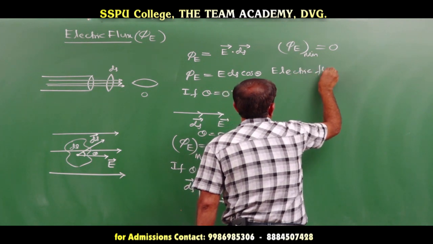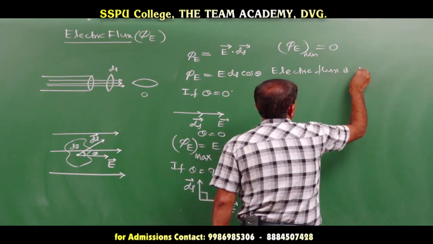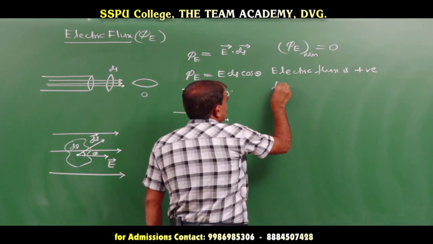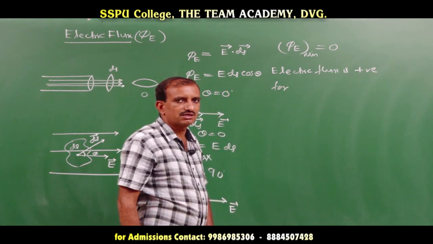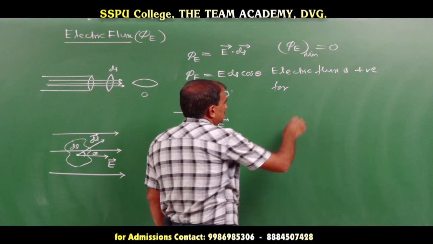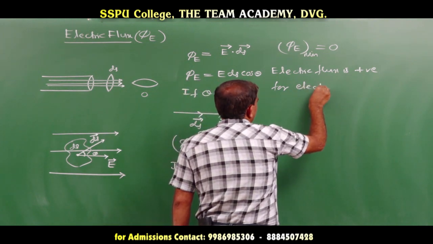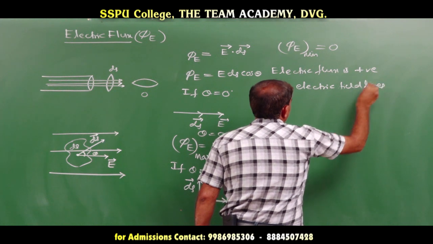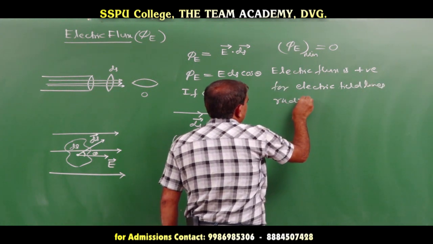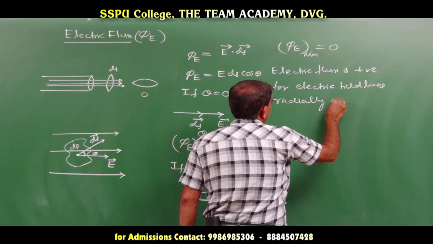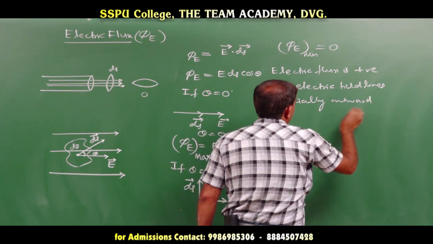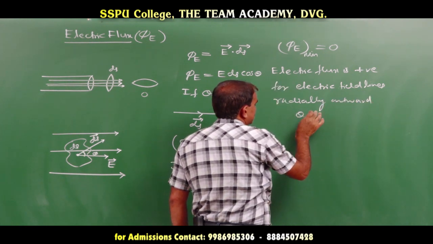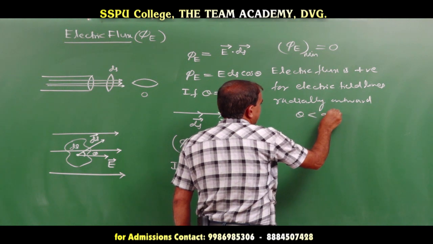Electric flux is positive for the field lines which are radially outward, that is, when theta is less than 90 degrees.